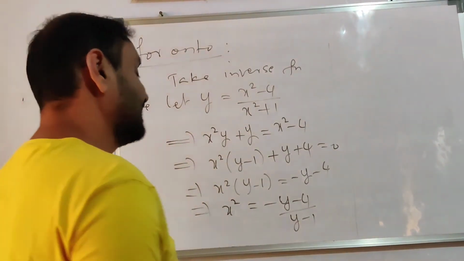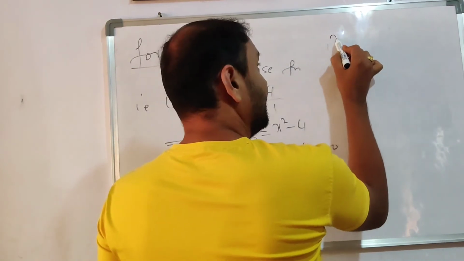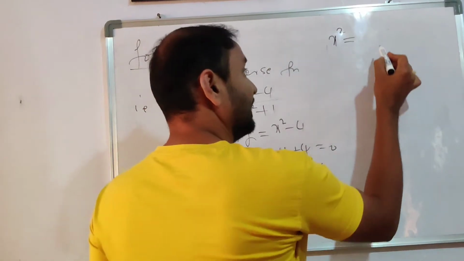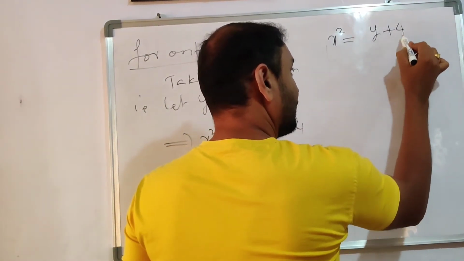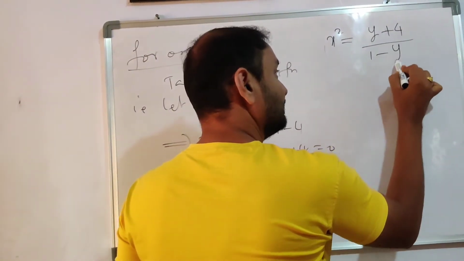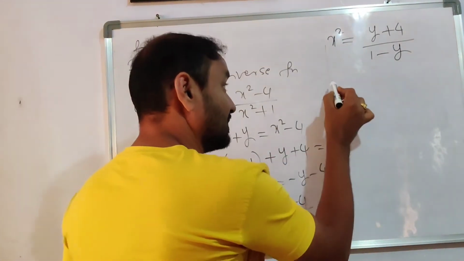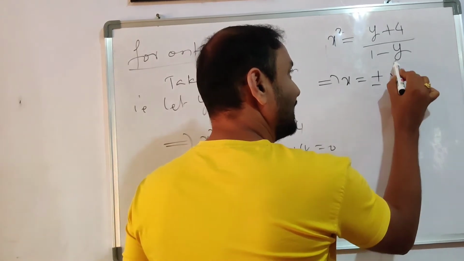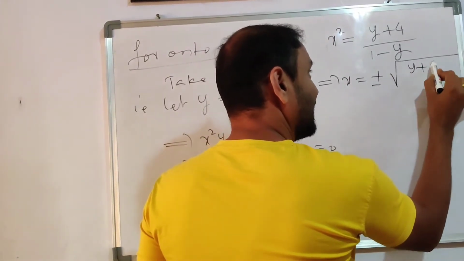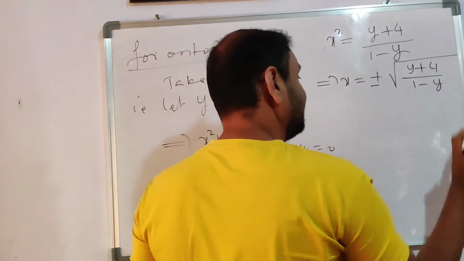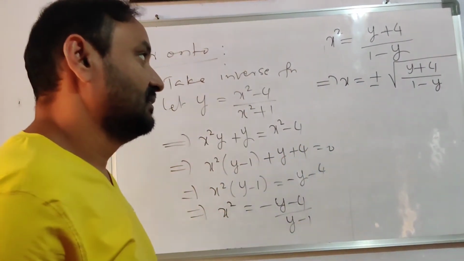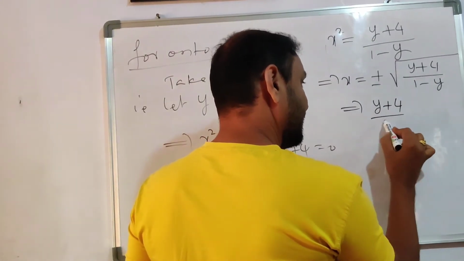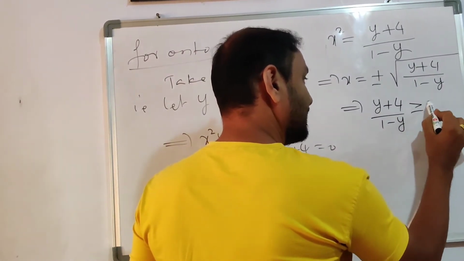That is, multiplying with minus, x² = (y + 4)/(1 − y). That gives x = ± √((y + 4)/(1 − y)). From this, (y + 4)/(1 − y) is always greater than or equal to 0.